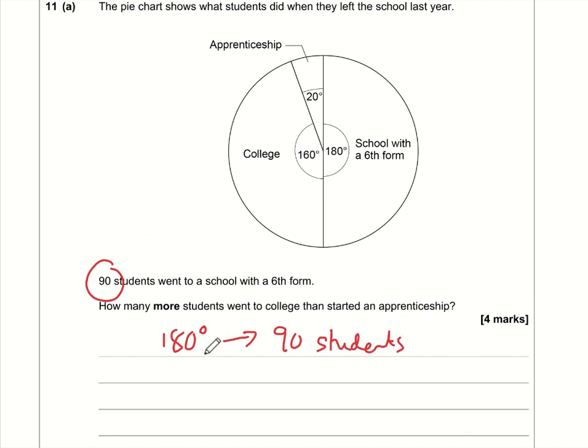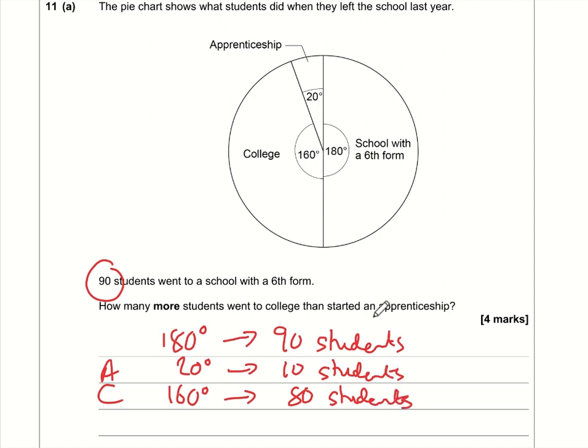Now hopefully we can spot that the number of students is exactly half the angle. 180 divided by 2 is 90. So therefore I'll put A for apprenticeship, so 20 degrees represents half of 20, which is 10 students. And for college, which I'll represent with C, 160 degrees, half of that is 80 students.